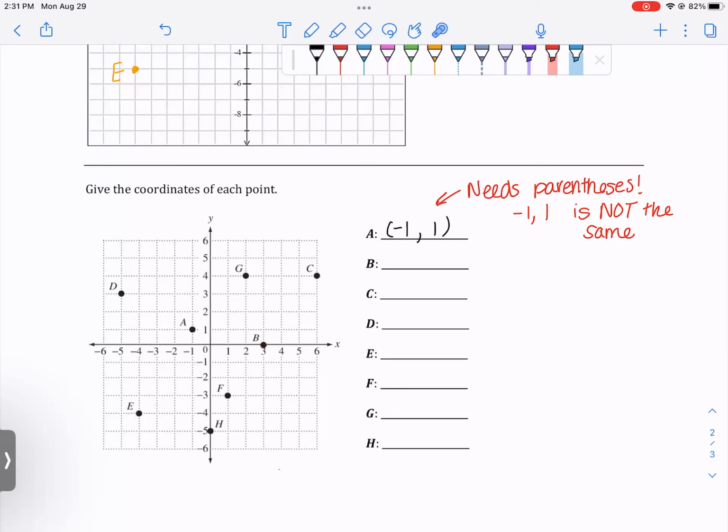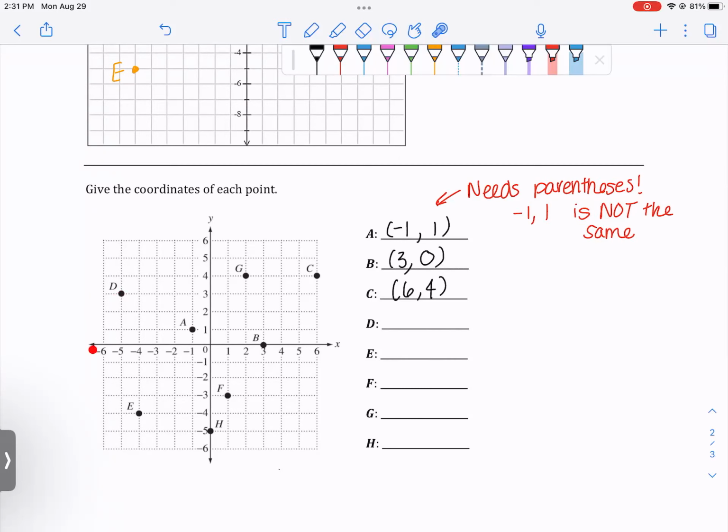For point B, we go to the right 3, so it's +3 on the x-axis, but we don't go up or down. So 0 for the y-coordinate. For point C, it's 6 on the x-axis, it's 4 on the y-axis. So it's 6, 4.